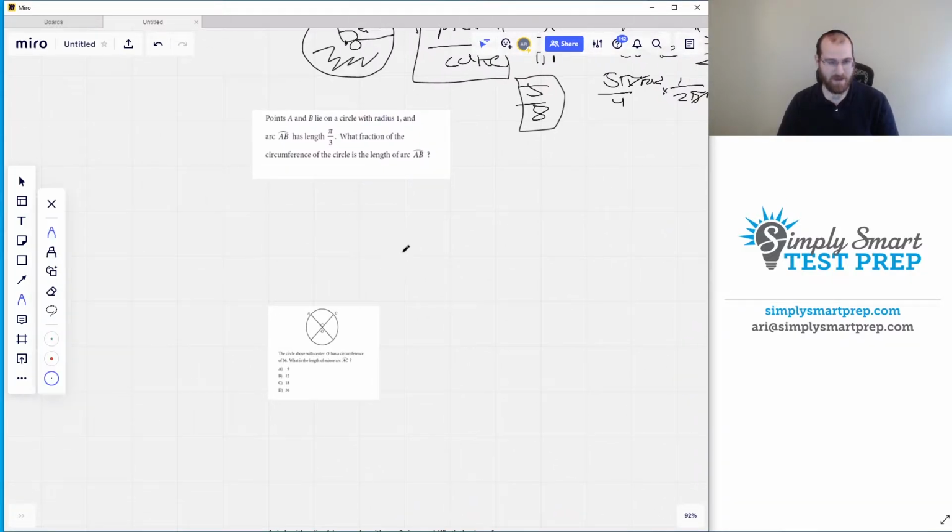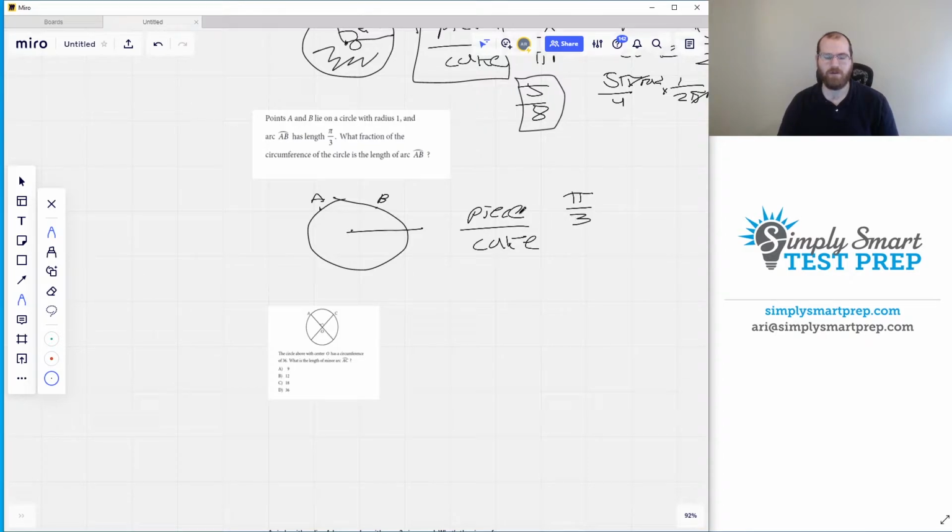Next, points A and B lie in a circle with radius 1. And arc AB has length pi over 3. So piece over cake. I already know that piece is given as pi over 3.